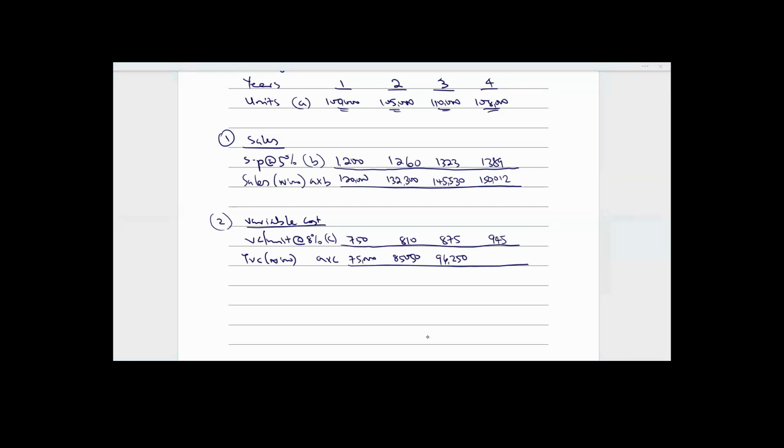Next, 108,000 multiplied by 945 equals 102,060. Again, I've calculated my variable cost.